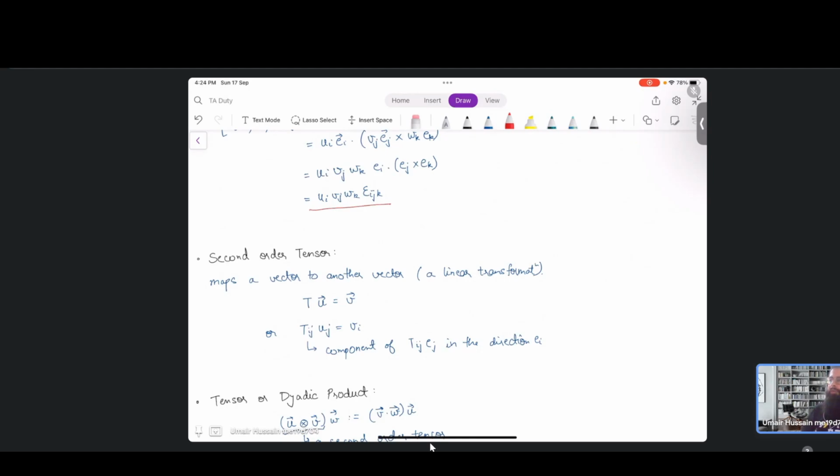But talking more mathematically, it is any quantity that maps a vector to another vector, or it can also be called a linear transformation. This is basically a matrix, what we know as a matrix in general terms. So a matrix T, if multiplied by a vector U, will give another vector V. This can be written as T ij U j equals V i in terms of index notation.